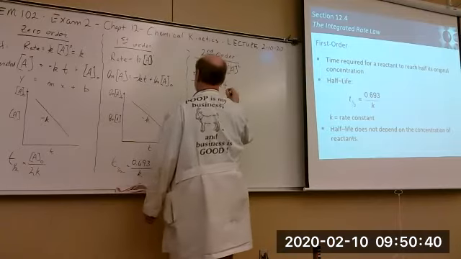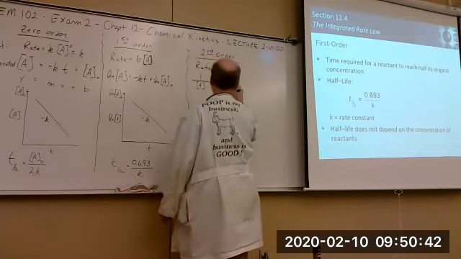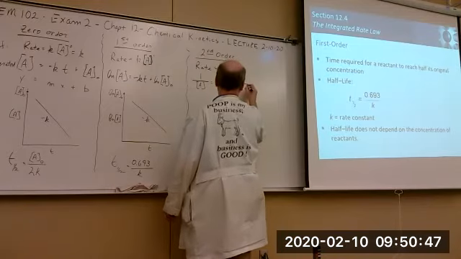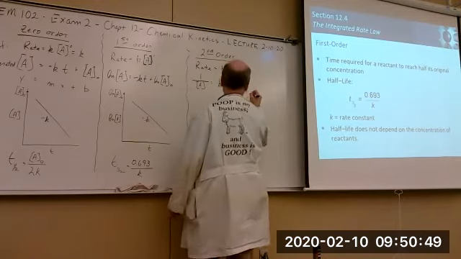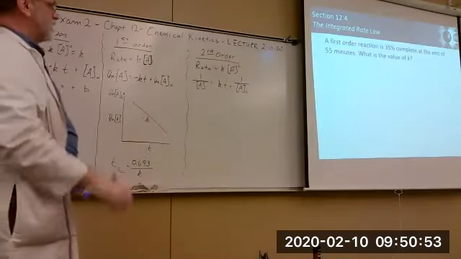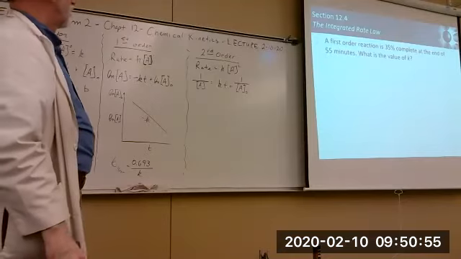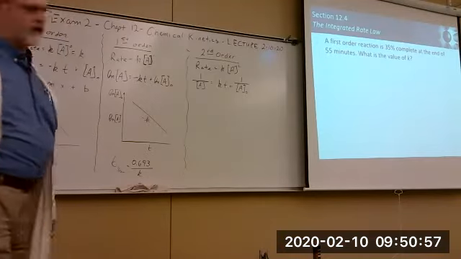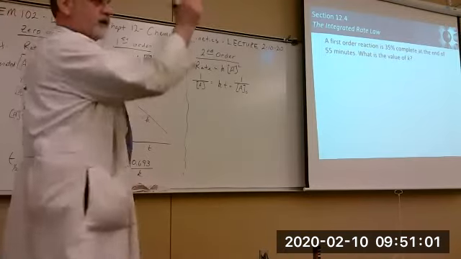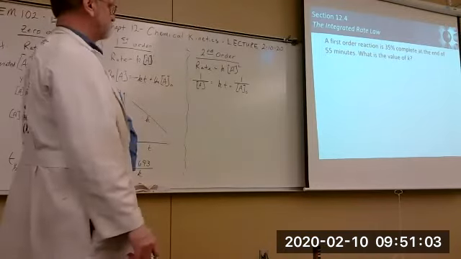But it's going to be a positive K, because it's the inverse, right? So the graph will go up. It'll be a positive slope.